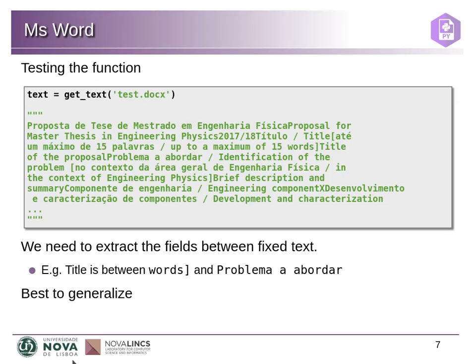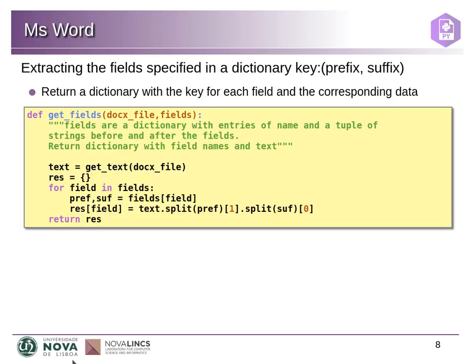We're going to write a function that can do this for any place in the text. We just need to specify what comes before, the prefix, and the suffix, and it will take whatever is between the two. So this is what we're going to do here.